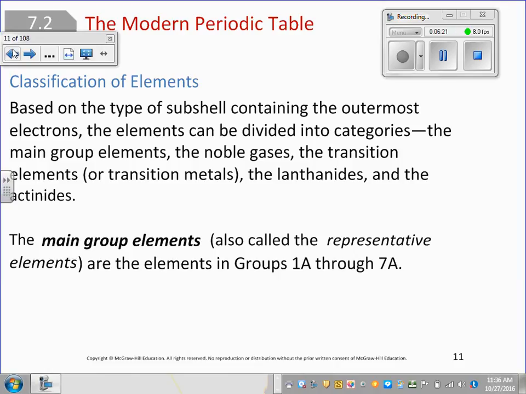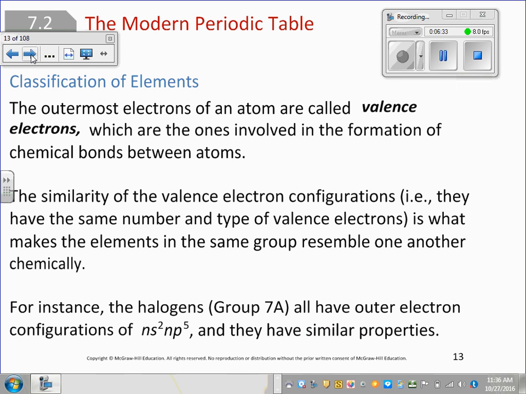And you know the last column is noble gases. The 10 in the middle, we already said it, in transition, and the bottom ones are the inner transition. The outermost electrons of an atom are called the valence electrons. Those are the ones where all the chemistry occurs.